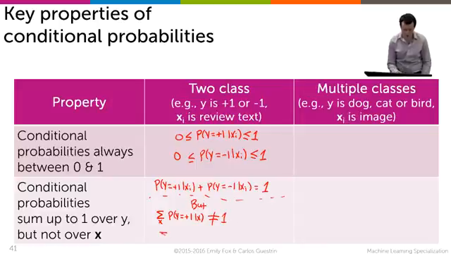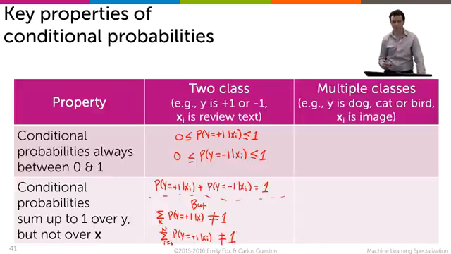Or for example, let's say that you summed over all the data points, and you might have n of them, of the probability of y equals plus 1 given xi. Again, that is not required to be 1. So they add up to 1 on the left side, over the y's.